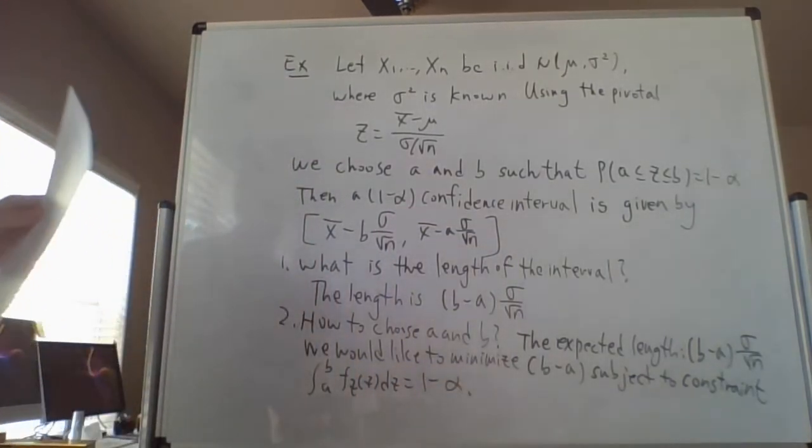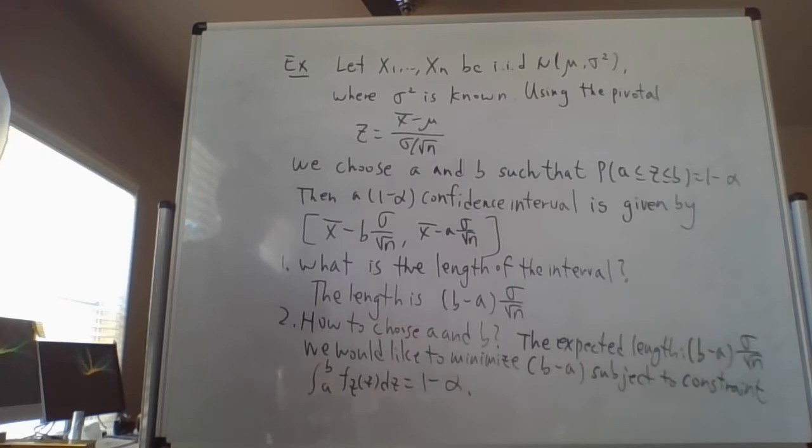The area under the curve between A and B is equal to 1 minus alpha. The curve is the PDF of Z, which is the standard normal. So we would like to minimize B minus A subject to the constraint that the probability between A and B is 1 minus alpha.